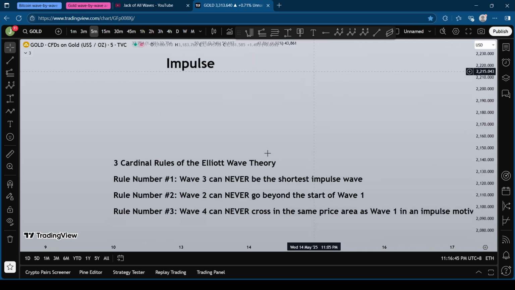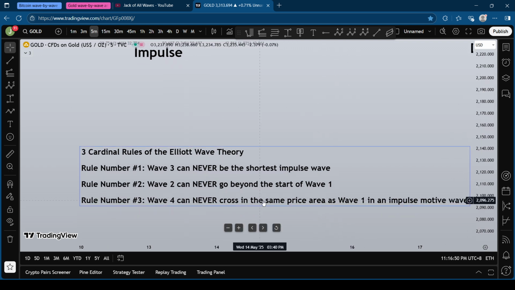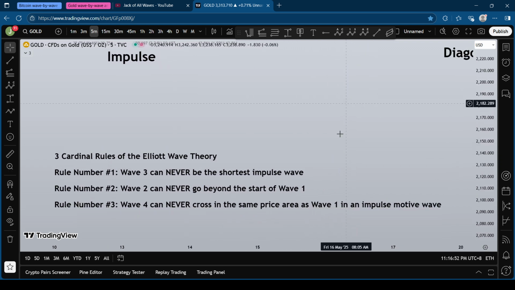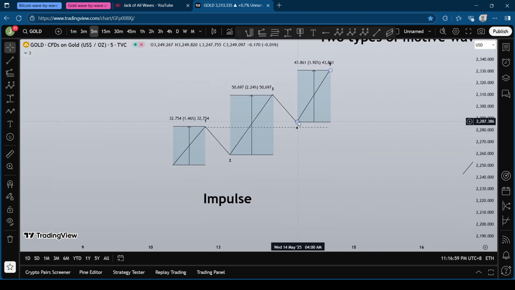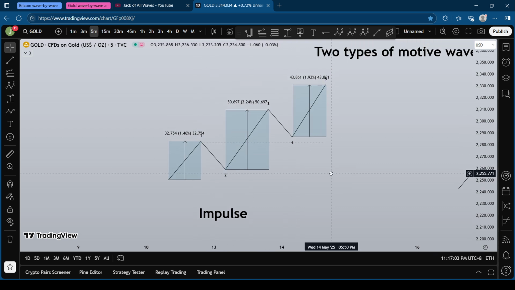So that's the second rule. The third rule, wave 4 can never cross in the same price area as wave 1 in an impulse motive wave. In other words, wave 4 cannot go beyond or overlap the territory of wave 1. So with that in mind, this particular illustration satisfies the three cardinal rules of Elliott wave theory.